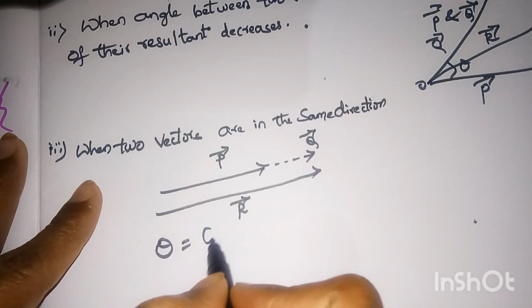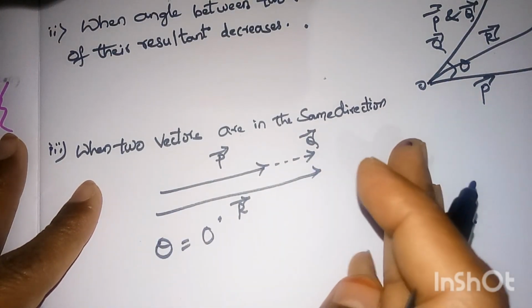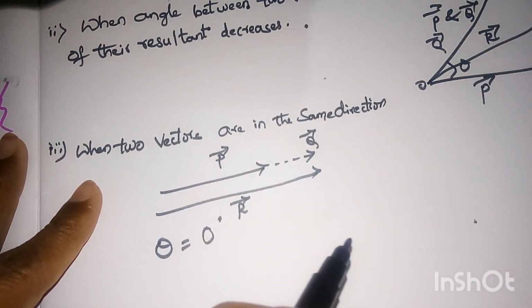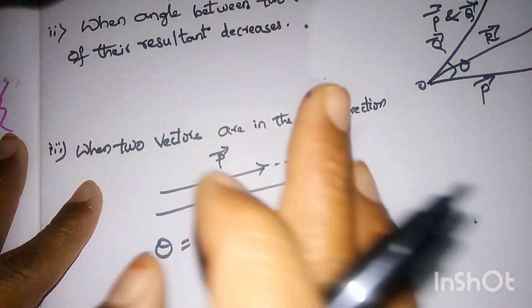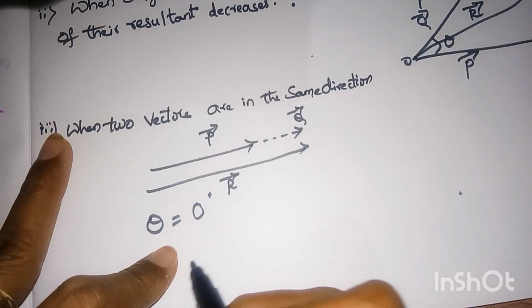Theta will be 0 degrees. If two vectors are moving in the same direction, the angle becomes 0 degrees. If two vectors are moving opposite to each other, then the angle becomes 180 degrees. So theta equals 0 degrees.